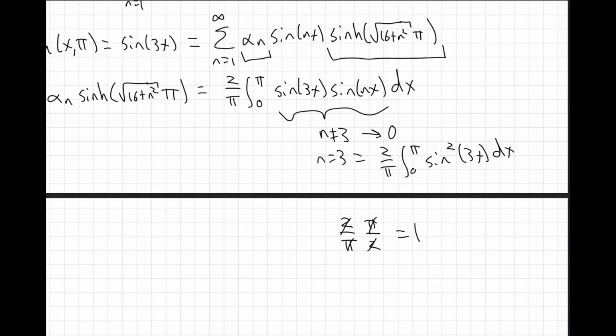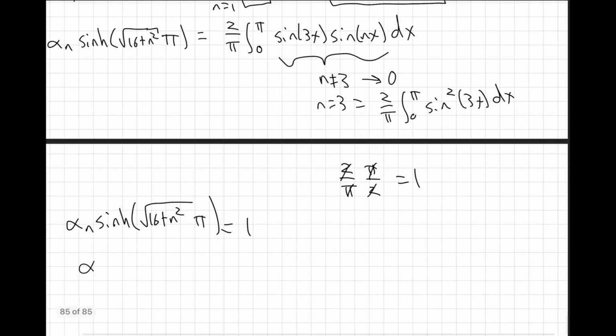We have 1 equals alpha_n times sinh of root 16 plus n squared pi. So alpha_n, and remember, now that we know n is only equal to 3, this is basically alpha_3 is equal to 1 over sinh of root 16 plus 3 squared pi.